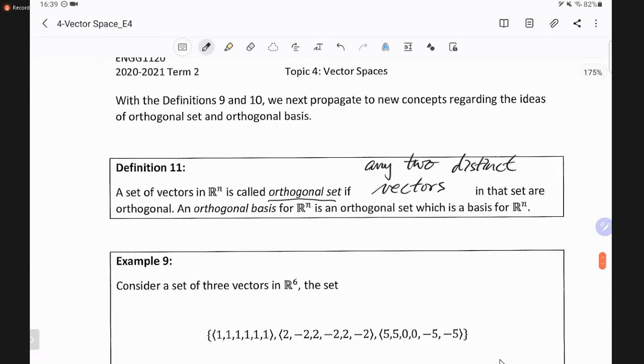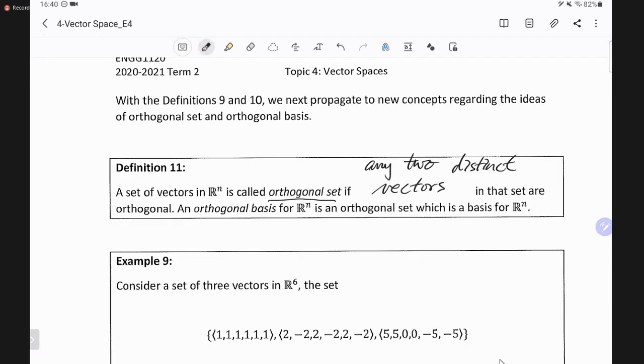Let me repeat. If you want to claim a set of vectors in Rn space to be an orthogonal set, you are going to check any two distinct vectors in that set, and check their orthogonality.